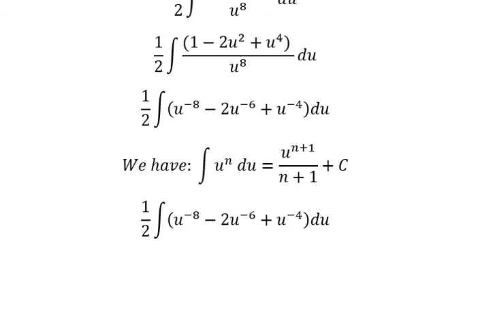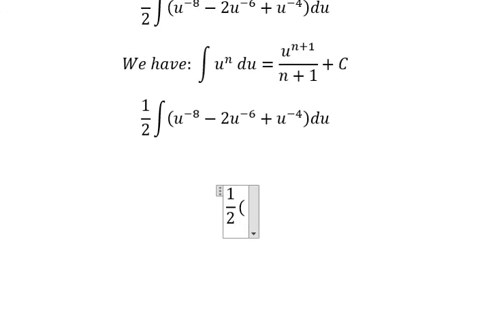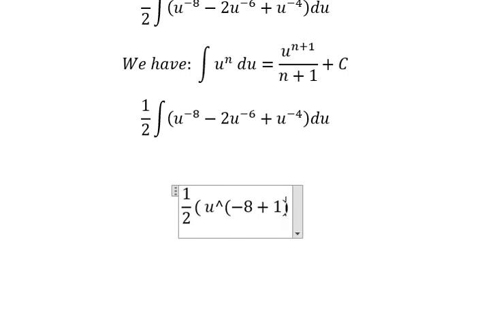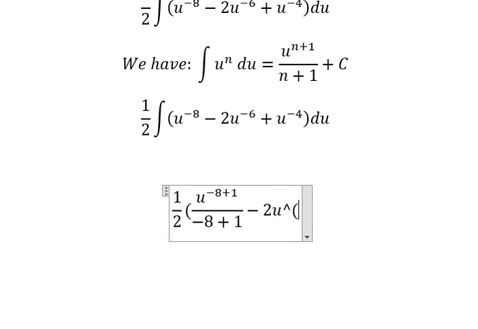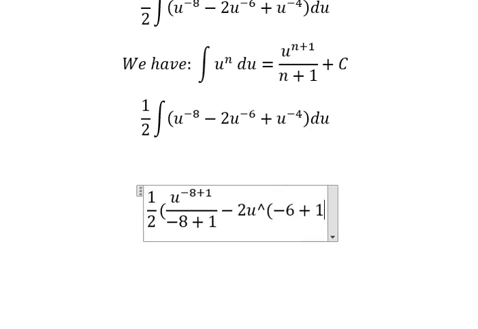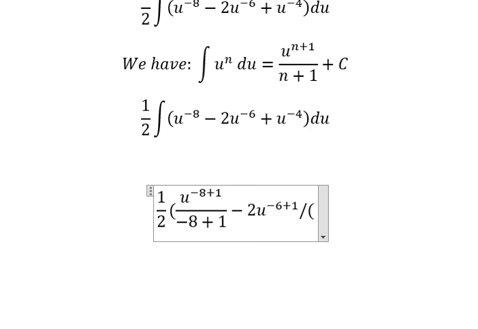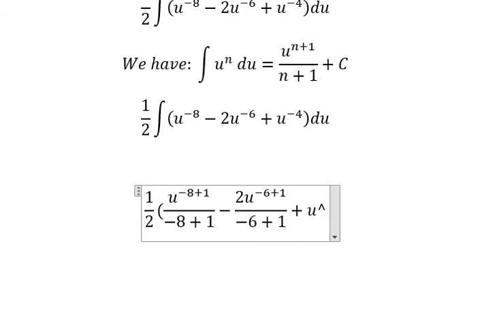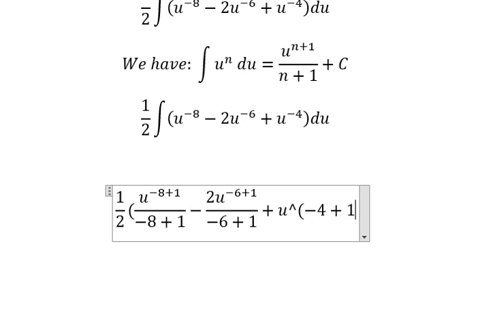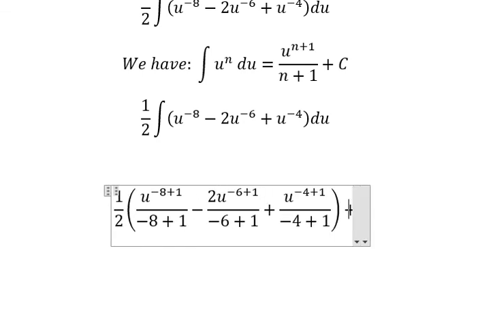So we will have 1 over 2 multiplied by u to the power of negative 8 plus 1 over negative 8 plus 1. And we have u to the power of negative 6 plus 1 over negative 6 plus 1. The next one, that's negative 4 plus 1 over negative 4 plus 1. And we put c.